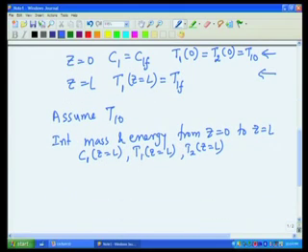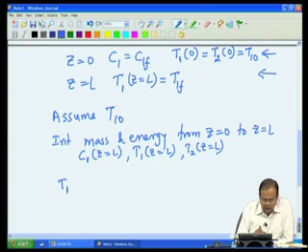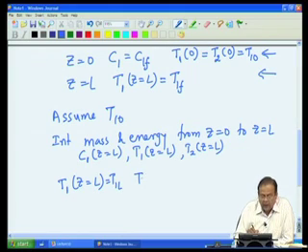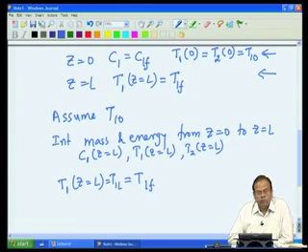Now, of these 3 conditions, I know what should be my T1 at z equal to L. Let us call this T1L, and according to what I know, that value should be T1F, right.